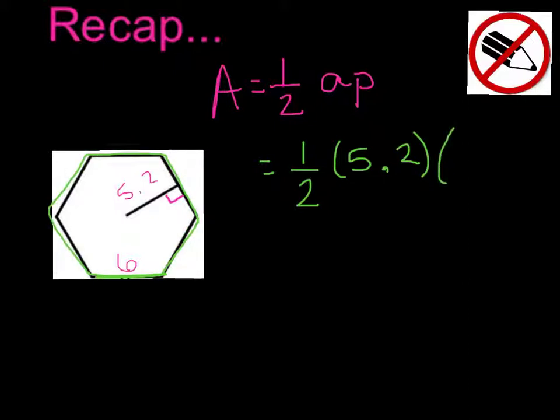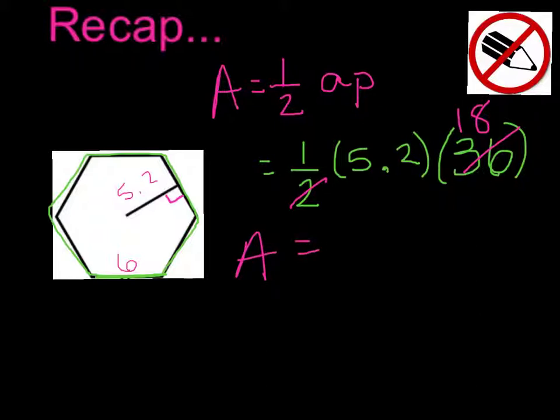There's 6 sides. 6 times 6 is 36. Half of 36 is 18. So your area is 5.2 times 18, which is 93.6. I didn't give you a unit of measurement, so just units squared.